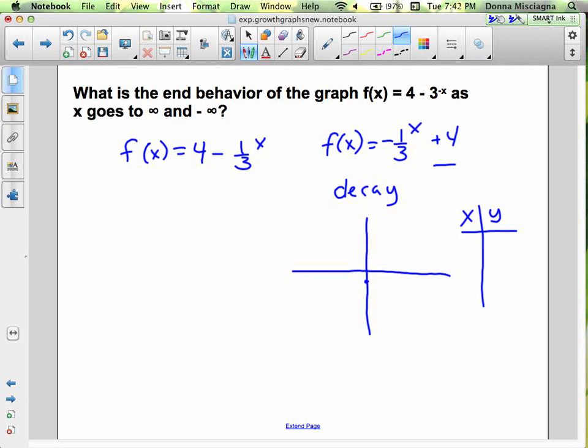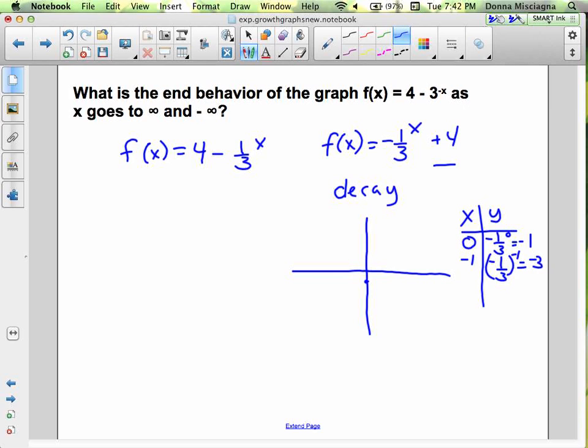It's that negative there. If I were to plug in 0, I'd have negative 1/3 to the 0 power, and that would be a negative 1. If I plugged in -1, I'd have negative 1/3 to the negative 1 power, and that's going to flip it. It'll still be negative, but now it'll be -3.